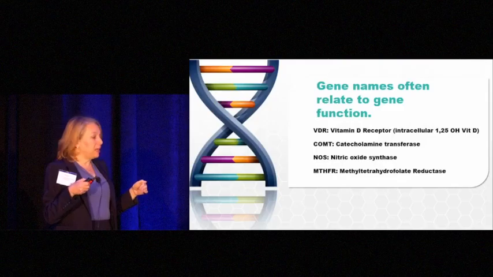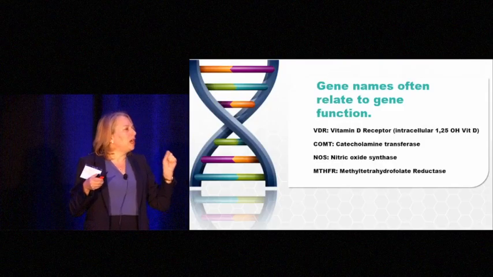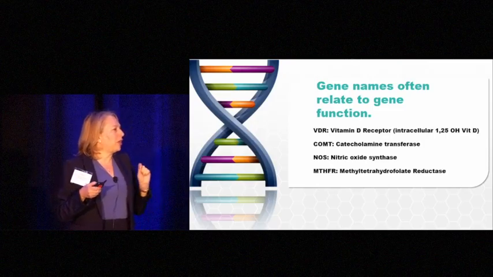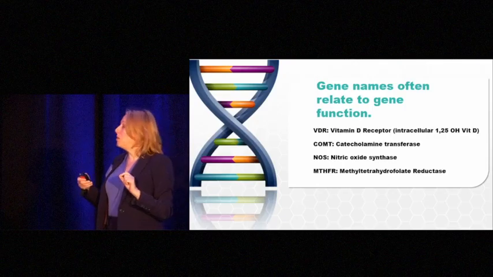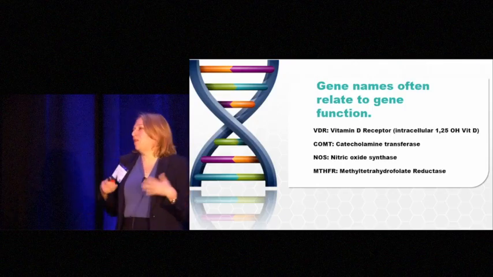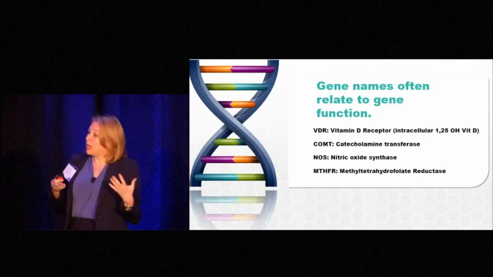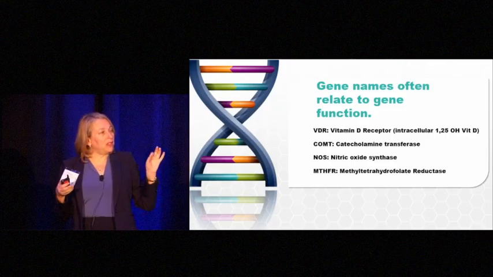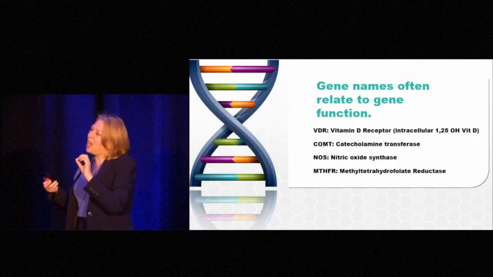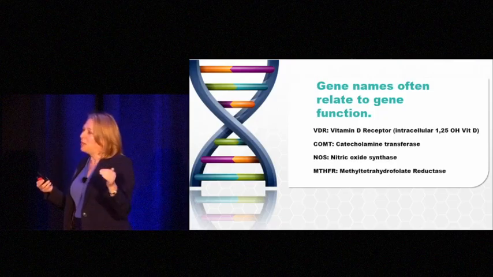Let's go back to gene names. Again, gene names can relate to function, but you want to really make sure you're getting accurate information about what a gene's function is, because there's a lot of urban myth. And it wasn't for malice that this got propagated. It was because genomics is hard. But the VDR gene, for example, is a vitamin D receptor, but it's not the vitamin D receptor that relates to the 25-OH vitamin D levels that carries vitamin D in the blood.